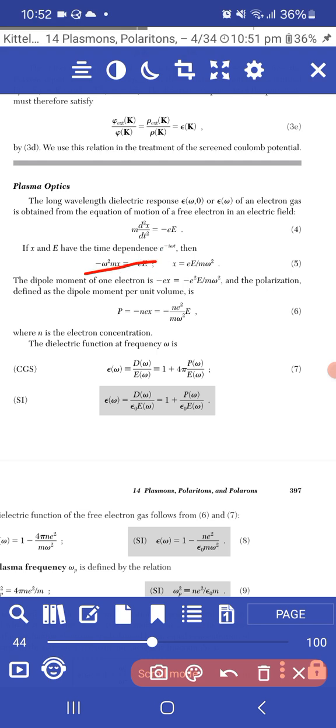So x remains, and minus omega square comes out, and the minus sign is already there, therefore x is equal to eE by m omega square.